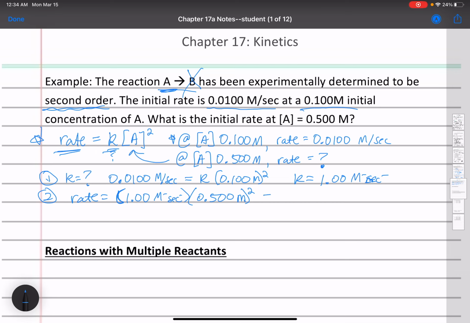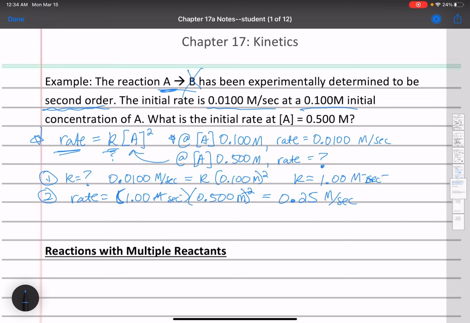When we do that math, we end up with a rate of 0.25 molarity per second. One of these molars cancels out with the inverse molar, and we get units of molarity per second. Rate is always going to be molarity per second. It's only the units of K, the rate constant, that change depending on the order of the reaction.